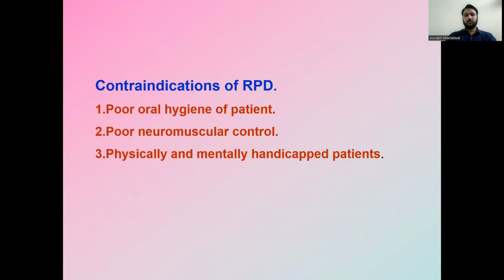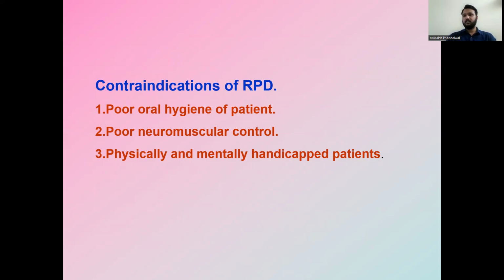Then the contraindications of removable partial dentures are: if the patient is unable to maintain hygiene, if the patient has poor neuromuscular control, or if the patient is physically or mentally handicapped. If a patient is mentally ill, many a time he can swallow the removable partial denture, and there is a certain path of removal and path of placement of the RPDs.